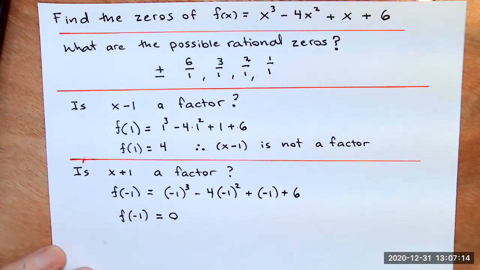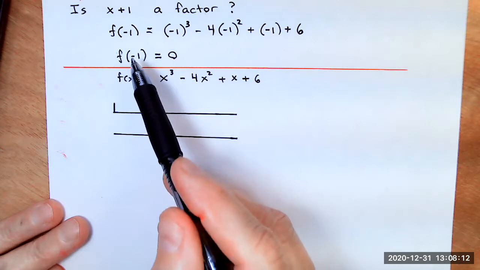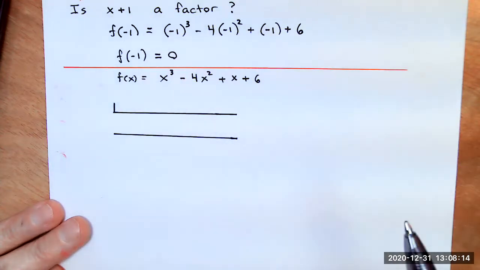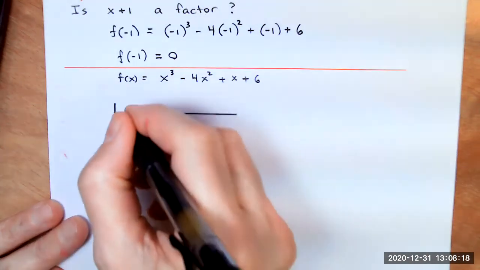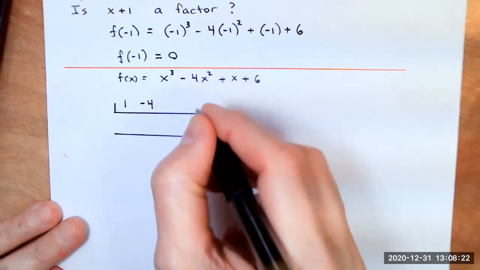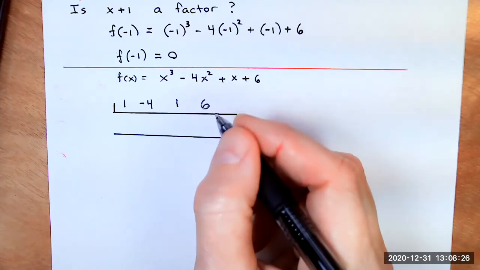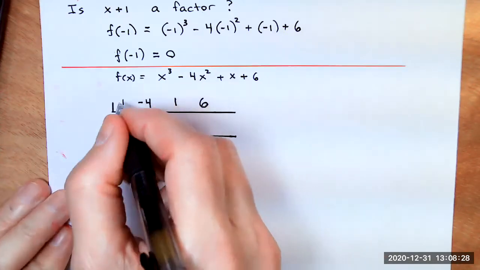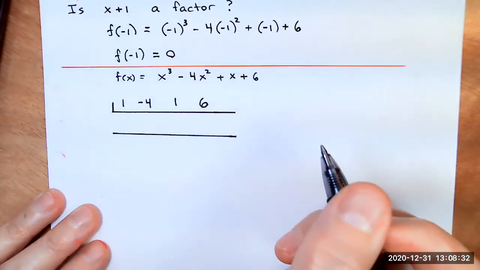So x plus 1 is a factor. All right, so we know that x plus 1 is a factor, so then we can use synthetic division to divide it out.